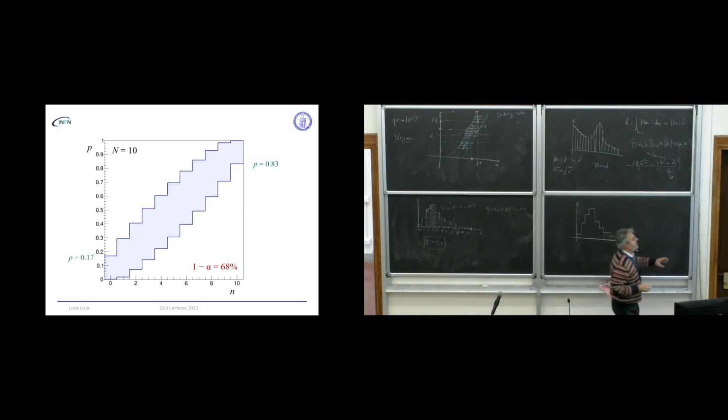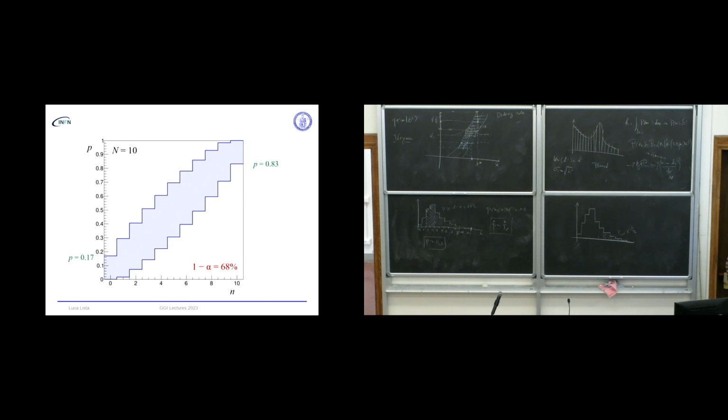And you see that the central point estimates are very easy, because you just take p hat equal n divided by capital N. Okay, this is the central estimate, and these are points which are on the diagonal line. So 0 is 0, 1 is 10%, 2 is 20%, and so on.